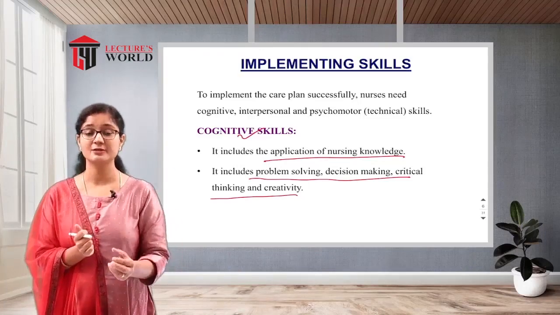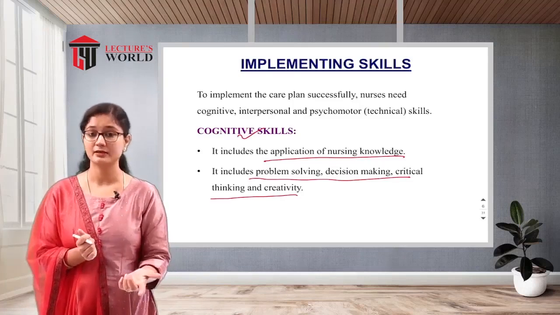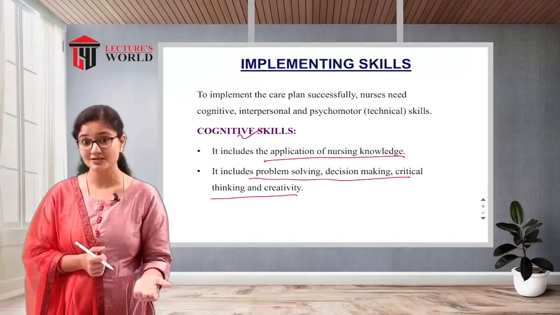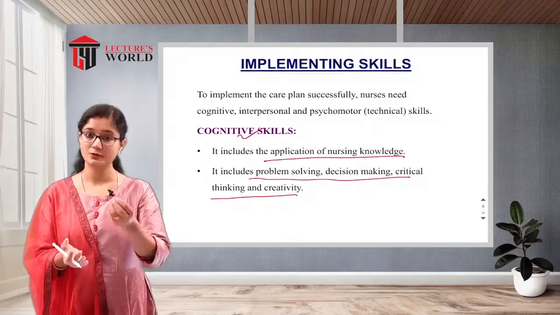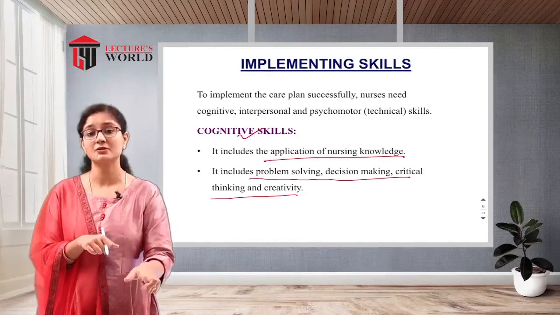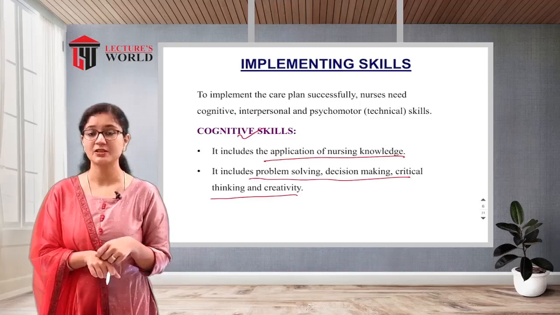You have studied in the book that for this problem, this has to be done. Okay, so you are again helping in problem solving. Then you are taking many decisions. For example, you are giving a patient an IM injection. You have nicely listed down in your intervention that you want to give your patient an intramuscular injection.